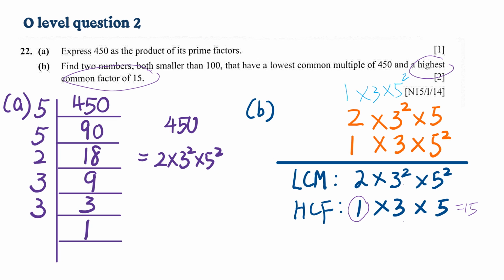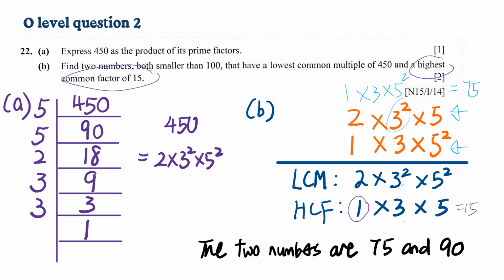That will be 75, which is the same as what I've got here. So if we have chosen 3 as the first number, then the second number must have a 3 squared to account for your LCM 3 squared here. So no matter how you do it, you will just get these two combinations only. Therefore the two numbers will be 75 and 90.